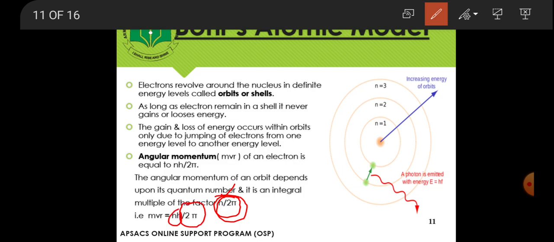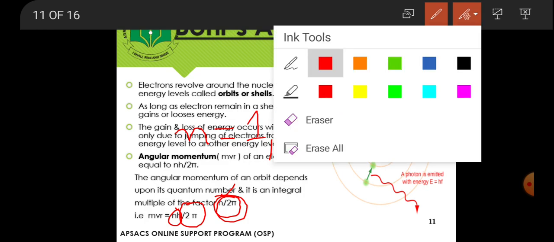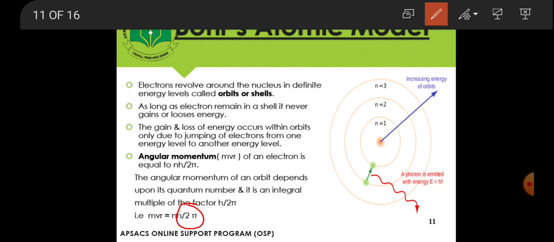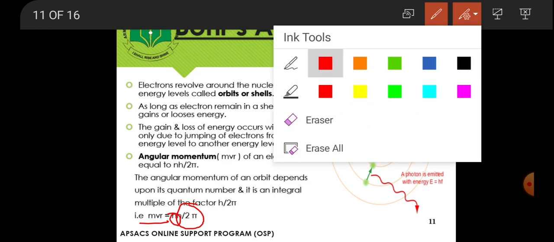This factor is multiplied by an integer; n is an integer, it can be 1, 2, 3, or any other value. So when this constant factor, that is h over 2π, is multiplied by an integer, we get angular momentum mvr.